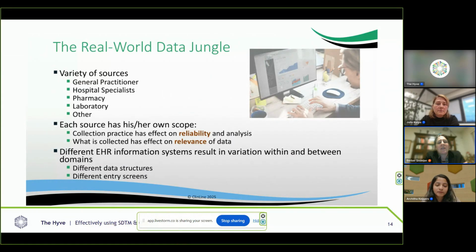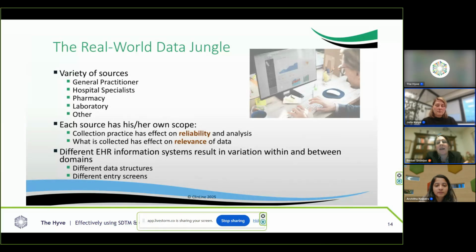So also within each of those data sources, you see a lot of different EHR information systems used. And the system that is used results in variation within and between those domains. Maybe they have different data structures, even within countries, between systems, within systems.